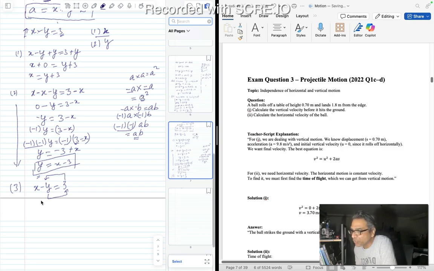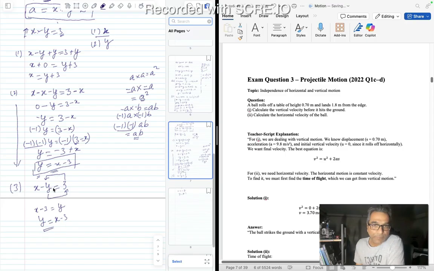Just like that. So if I say x, this is positive 3, this way it will become minus 3. This is negative y, this will become positive y. So now y equals x minus 3. This is the same thing that happened here. Amazing, right?